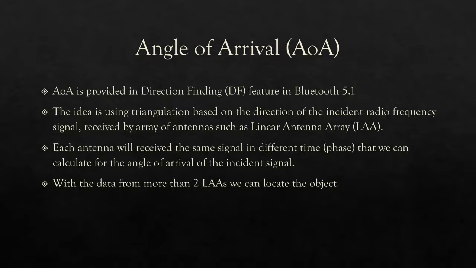Each antenna will receive the same signal but at a different time, or in other words, in different phase, so that we can calculate the angle of arrival of the incident signal. With data from more than 2 LAAs, we can locate the object.